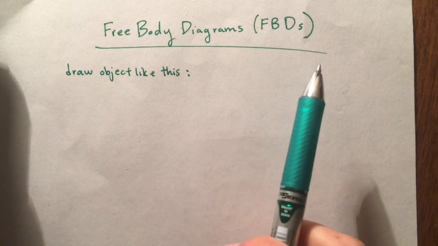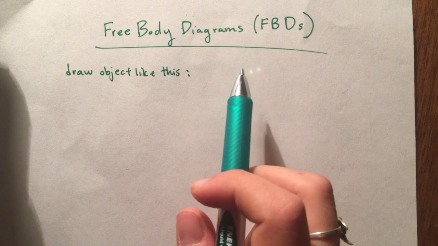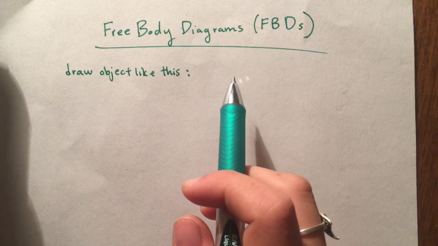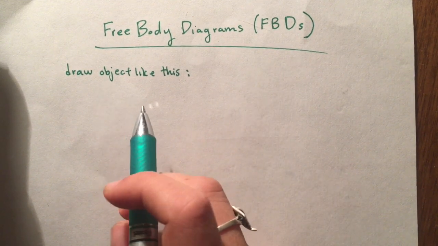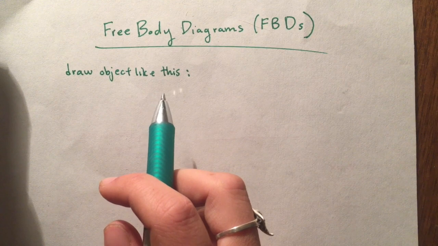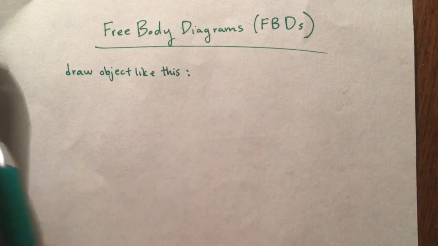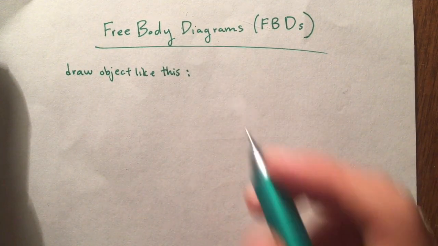Okay, when we're drawing free body diagrams, we're drawing the forces acting on the object. So if we gotta draw the forces acting on the object, we gotta at least show our object. So if my object is, I don't know, like a hanging plant, do they expect you to draw a hanging plant? No. No matter what your object is, you have 2 options for how to draw your object.